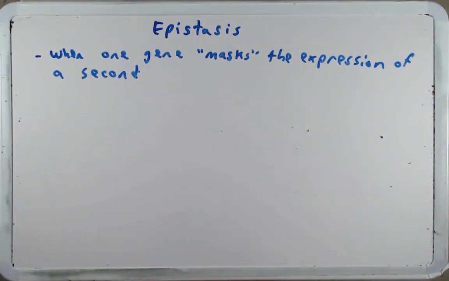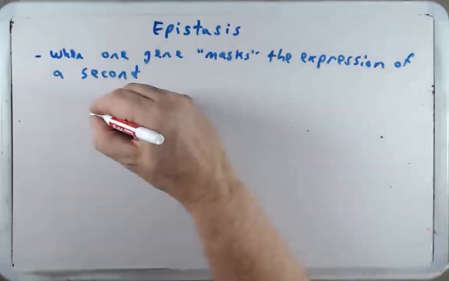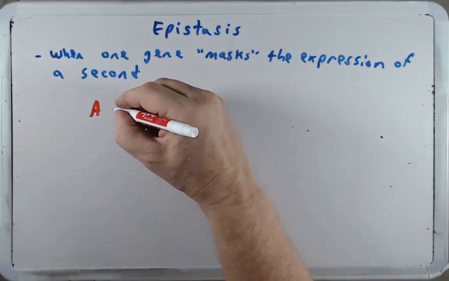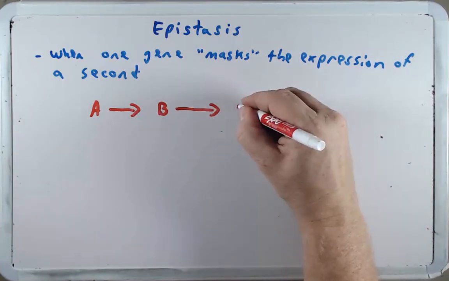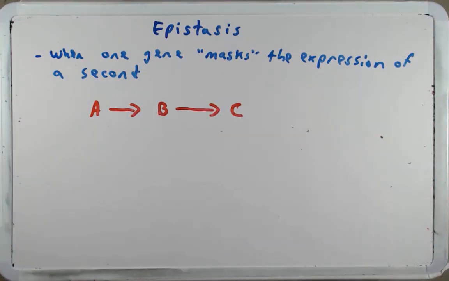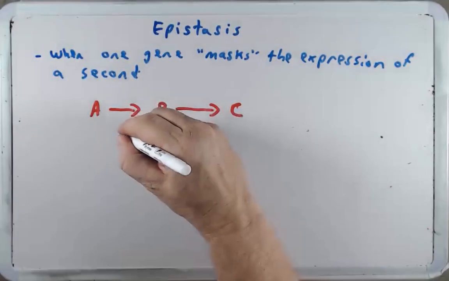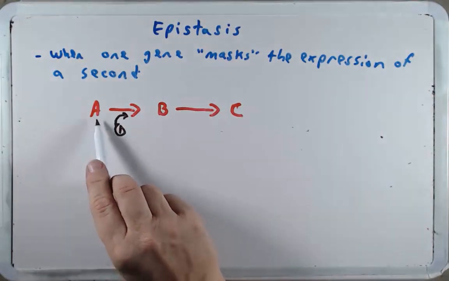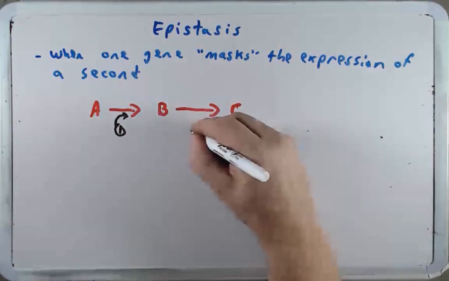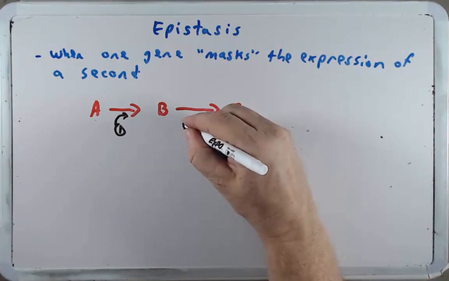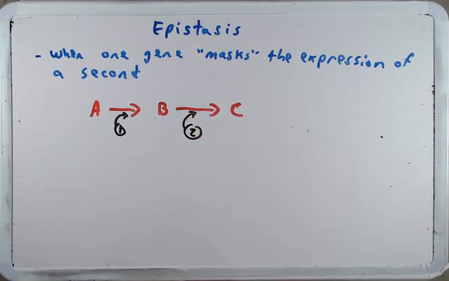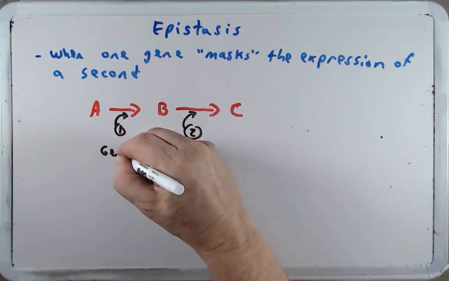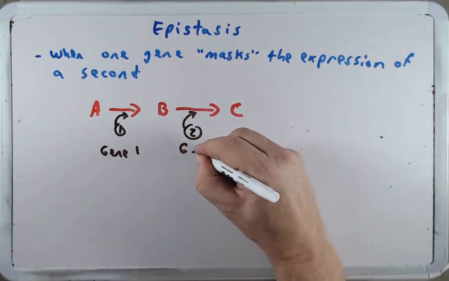So we could think about this as a pathway where you may have reactants A that are converted into B that are then converted into C. And in this example here, you might have an enzyme 1 that facilitates the conversion of A to B, and then you might have enzyme 2 that facilitates the transformation of B to C. These enzymes are coded for by genes, so gene 1 and gene 2.